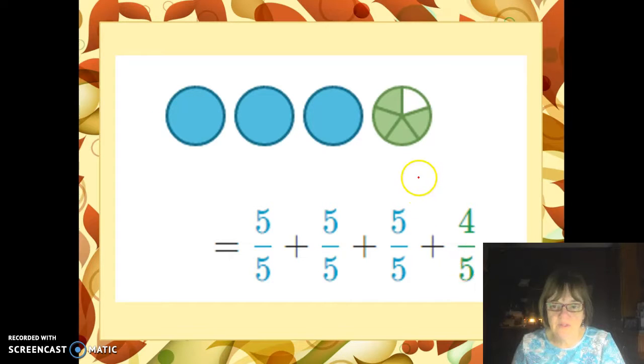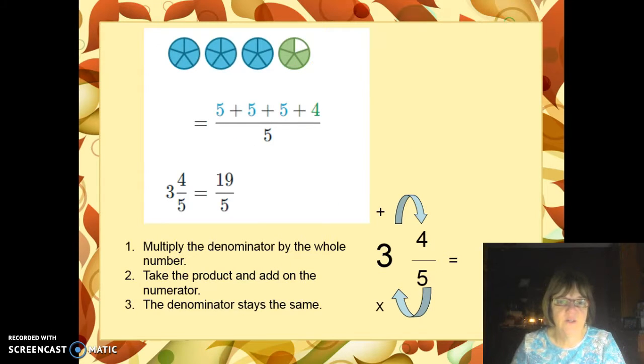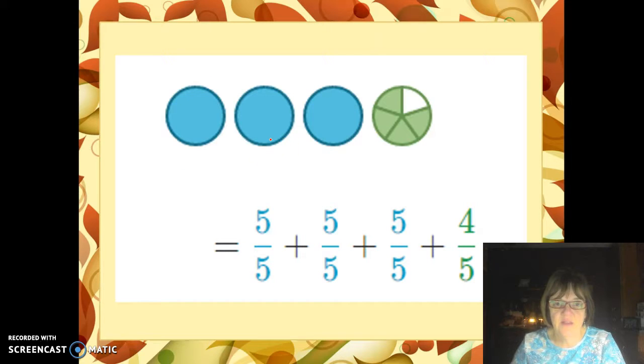Now, last lesson we learned about adding fractions, so this is starting to look a little familiar. Notice I've combined all of the denominators into one because they were all the same, right? See how they were all the same?